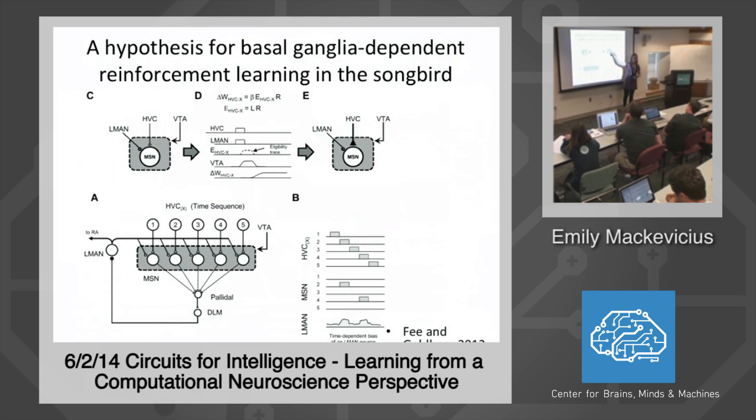So if he does get the reward, this is VTA input, then the weight will get strengthened. So that's the idea, that if these three inputs converge with the right timing, that weight will get strengthened, and that will bias him to sing the good sounding variation again.